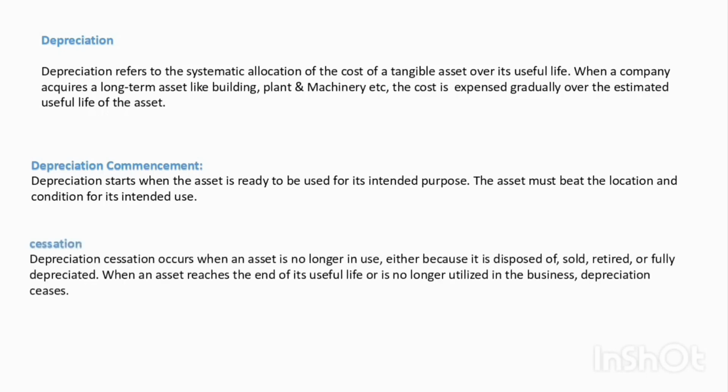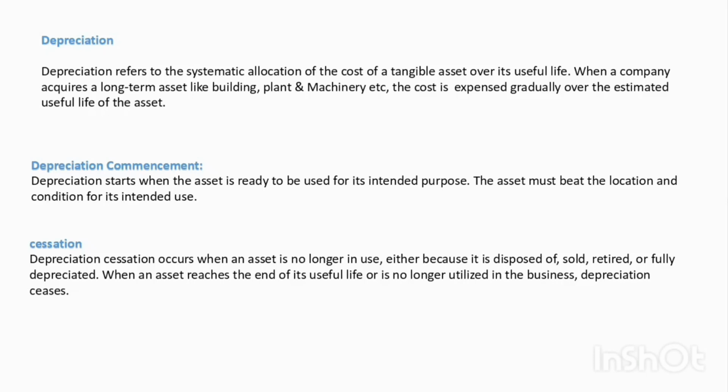So when should the company stop charging depreciation on an asset? Depreciation cessation occurs when an asset is no longer in use, either because it is disposed of or sold. When you are selling an asset, you want to determine accumulated depreciation, and with that, you determine whether there's going to be a loss or a gain on the asset.